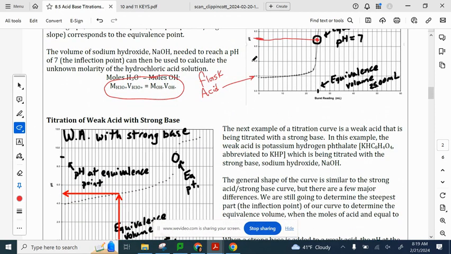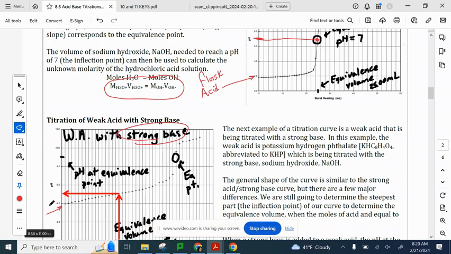Okay. So here, I know that this is an acid, right? I've got an acid in my flask because the pH is less than 7. My equivalence point is up here at 9. Do you see that? So if I have an equivalence point greater than 7, that means that I'm dealing with a strong base as well.